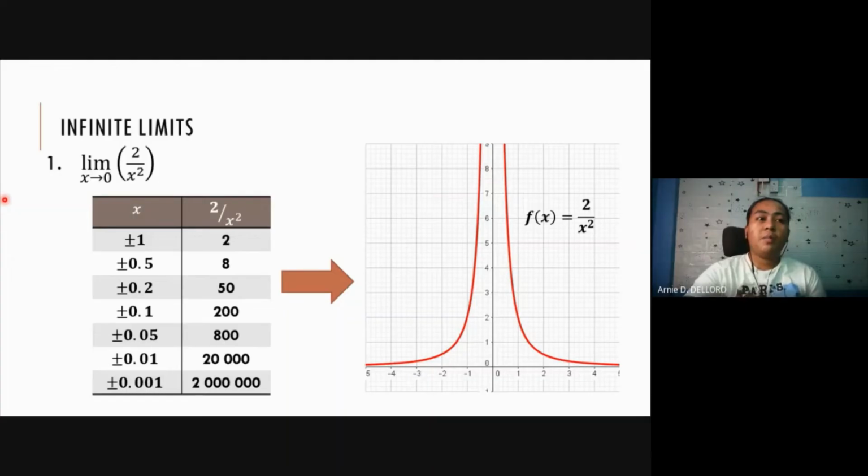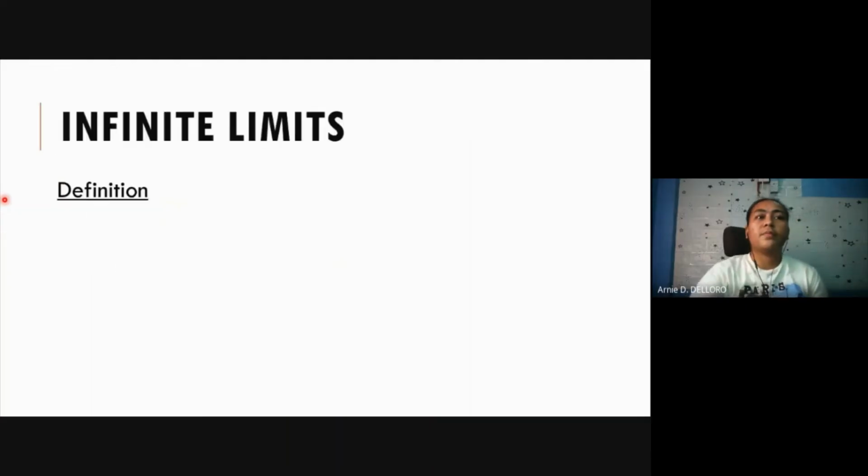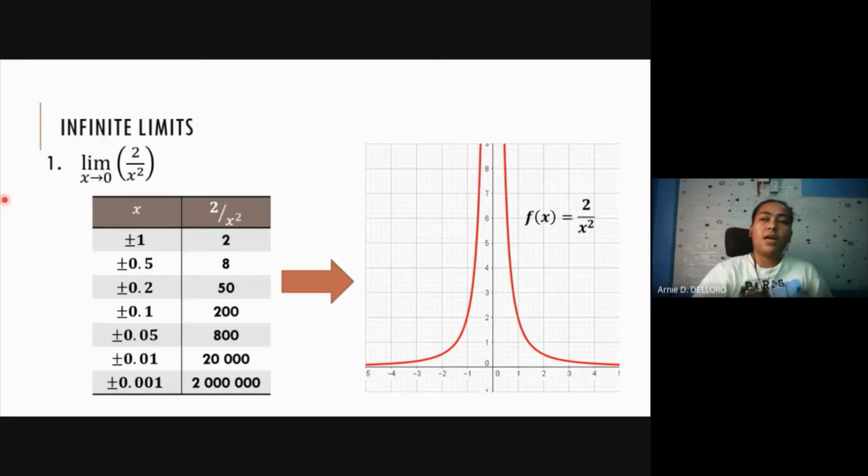Okay? Dito na papasok yung infinite limits. Kasi kapag ganito, yung graph ng ating function, di ba, hindi mo naman ma-determine kung ano yung tinutumbok niyang number. Since this value will increase without bound. At hindi siya dadaan sa x equals 0.